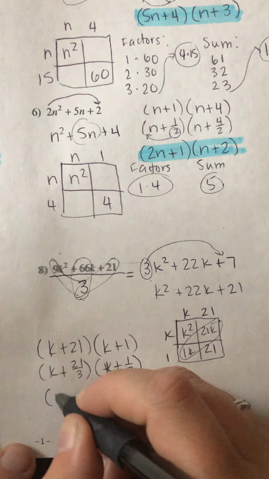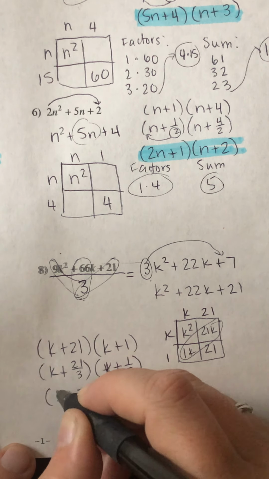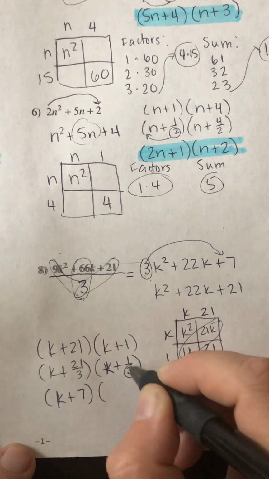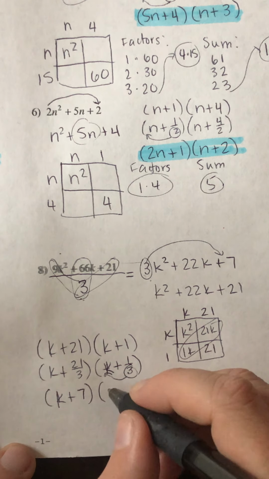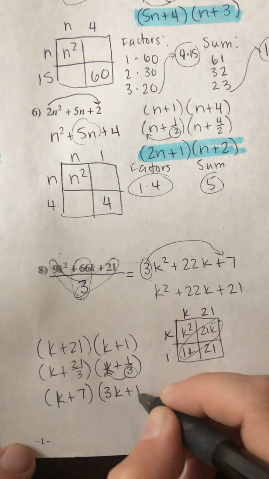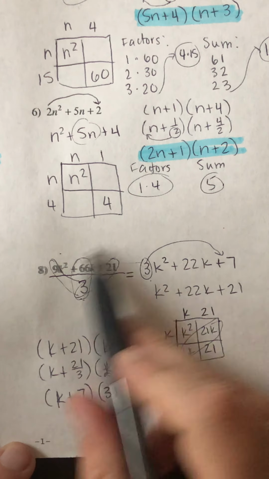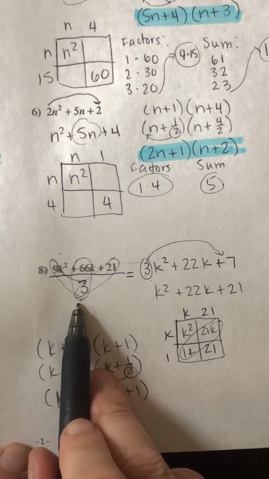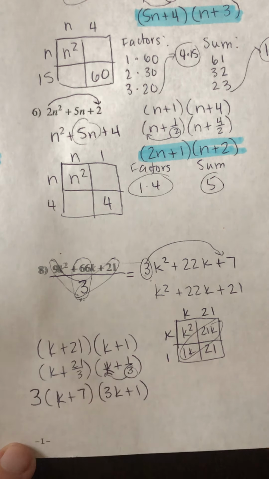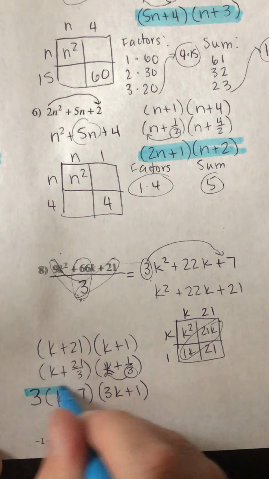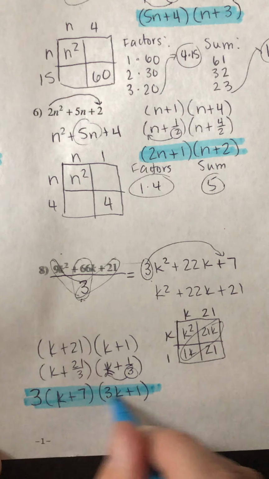Simplify here, k plus 7. And here we'll take that 3 and move it up in front of the k. 3k plus 1. And then don't forget the very first step we did was divide everything by 3. So we're just going to put this 3 out front, like we're multiplying that 3 back in. That one would be our final answer there.